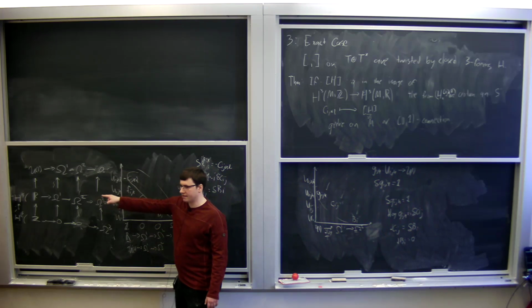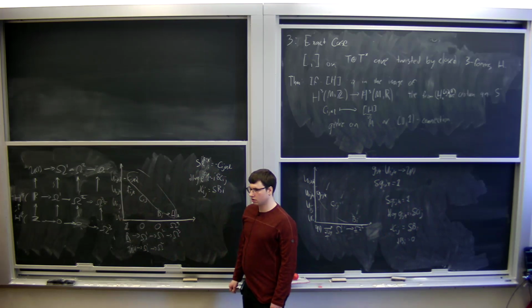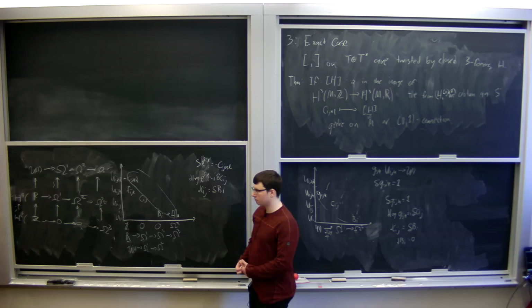In H3 of R. The prequantization condition says that the global closed form cancels out with a certain class in Z. Those two classes are in two different cohomologies, but we can put them together in this bottom row, and it will be a non-trivial class in the third cohomology of that bottom row. The assumption is that when you push it forward to R, it's 0. That's the assumption that the integer class and the Deligne class kill each other.